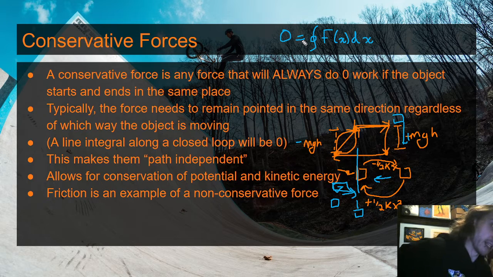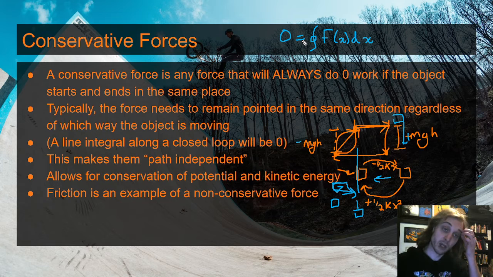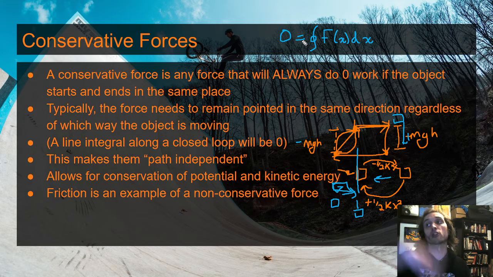And what's neat about that is that that makes it path independent. It won't matter how you get from point A to point B, because if you overshot and then came back, the net work you did by that overshooting and then returning is always 0. So getting between point A and point B will always, always, always require the same amount of work.